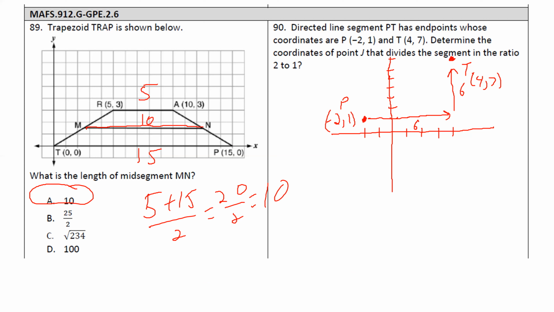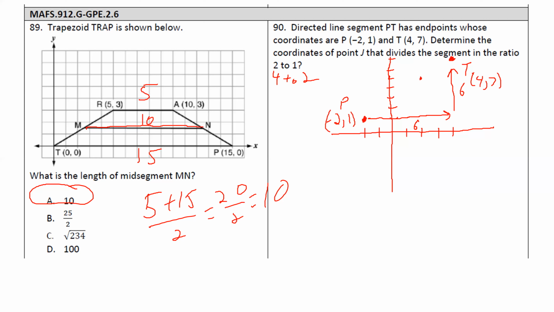So if we're going in a ratio of 2 to 1 and we're going 6 units, well, let's double this, because going over 2 and then up 1, that'd be a total of only going a total of 3 units. We need to cover 6 units, so I'm just going to double that. So let's go 4 to 2. So we're going to go over 4 out of these 6, and then up 4 out of the 6, and find our point. 1, 2, 3, 4. 1, 2, 3, 4.